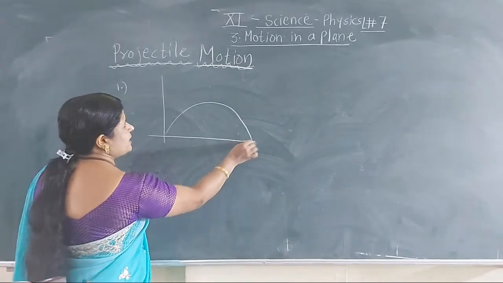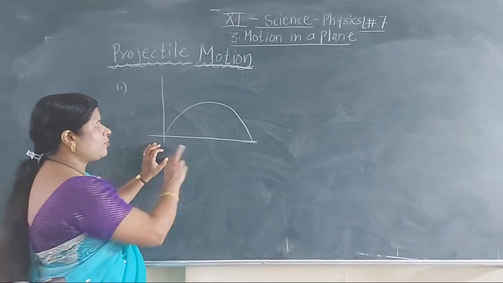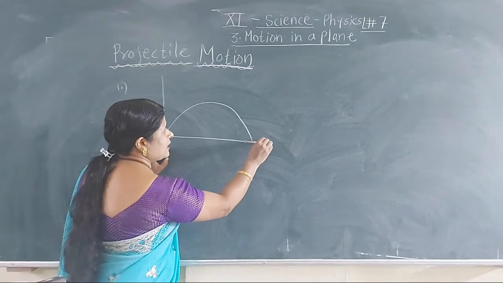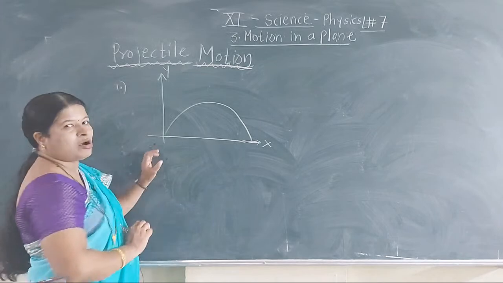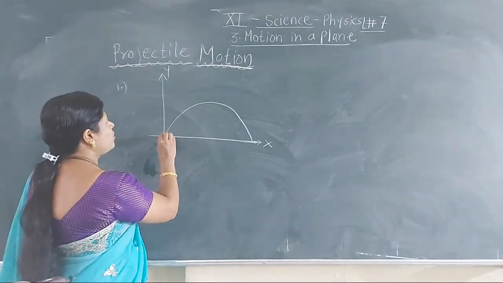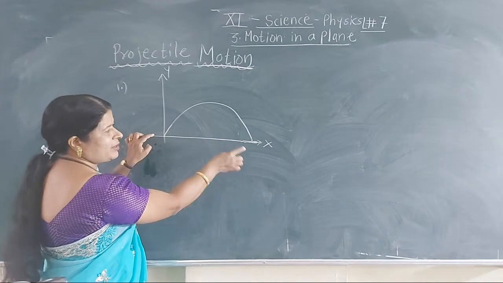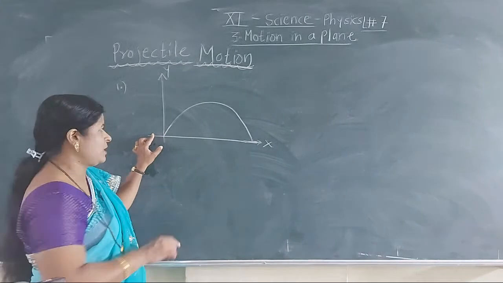We have to study here two velocities. Horizontal component of a projectile, that means along the x-axis, and vertical component, that means along the y-axis. The velocity along the x-axis we call the horizontal velocity.